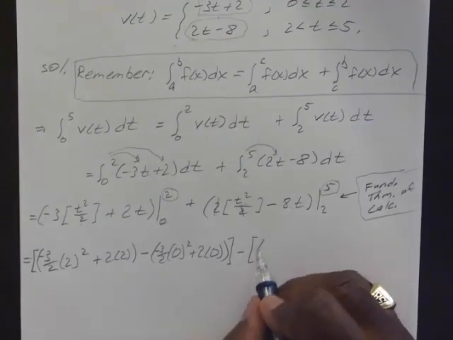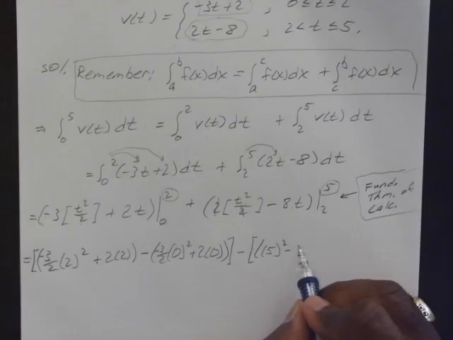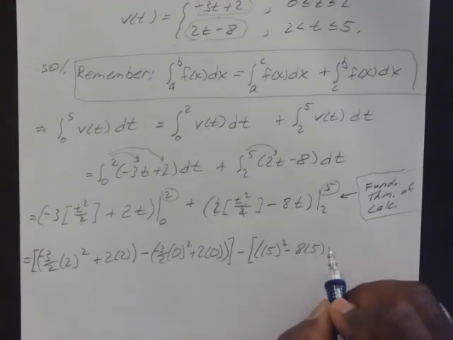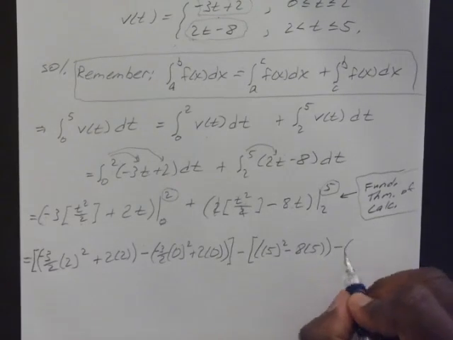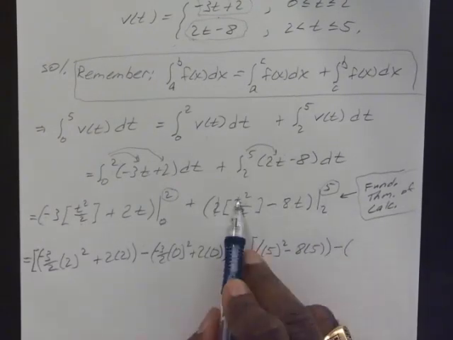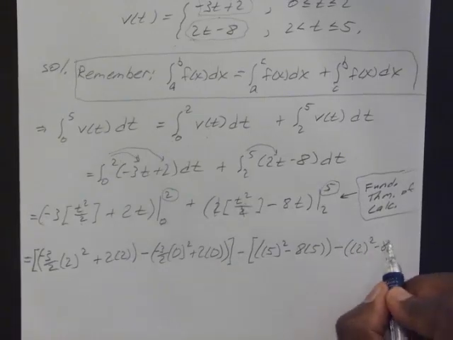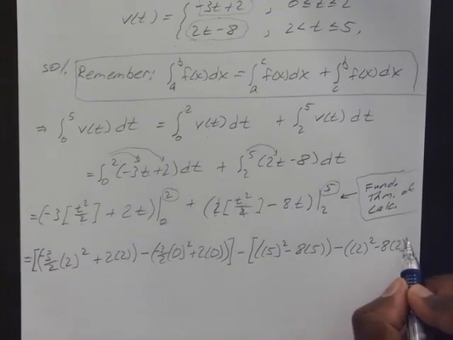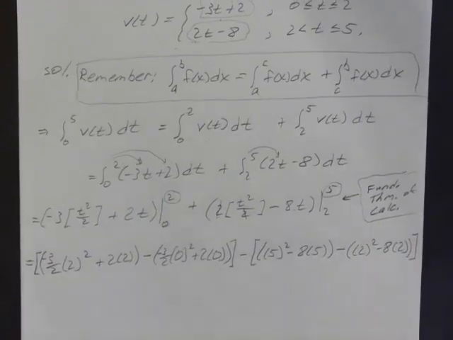So that gives us 5 squared minus 8 times 5, minus, plug in our lower limit, 2 squared minus 8 times 2. I had like 1/8 of an inch to spare.